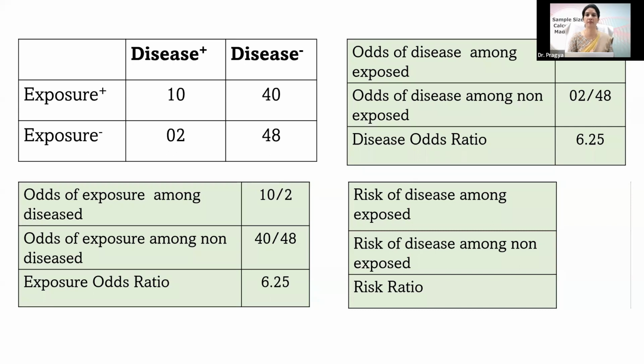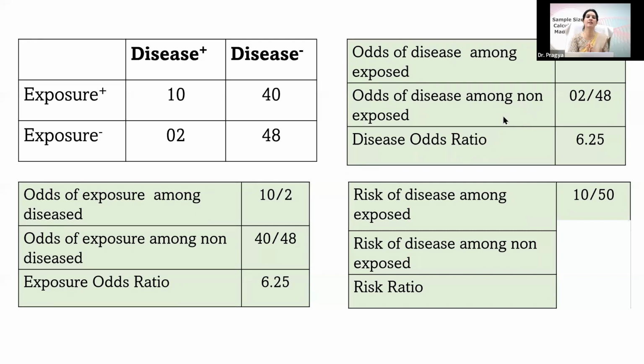You are right, it will be 10 by 50, because in the denominator you take the whole 50. Now, if you want to calculate the risk of disease among non-exposed, how are you going to do it? I'm sorry, I showed you the answer before I saw yours. Your answer would be 2 by 50.